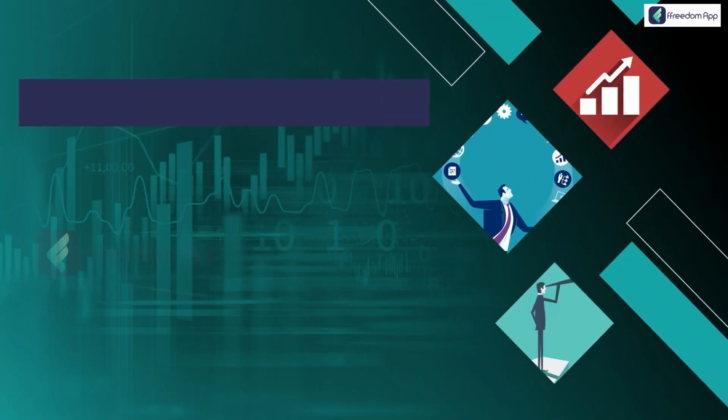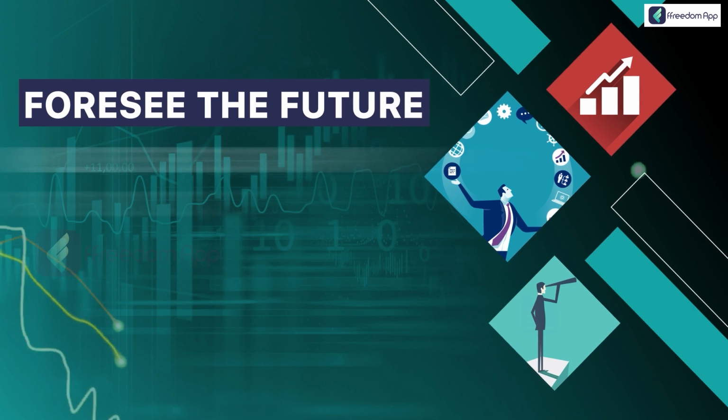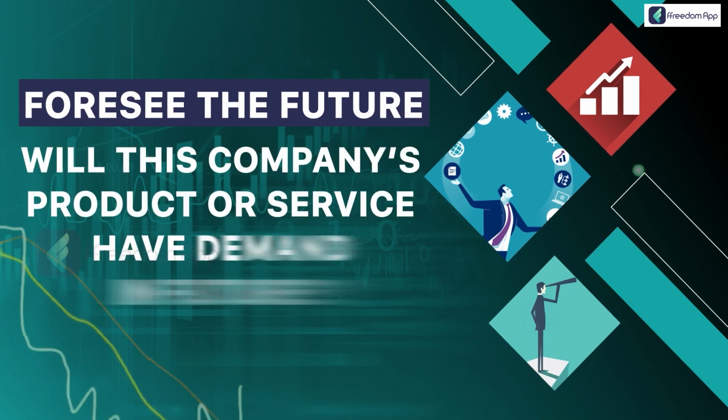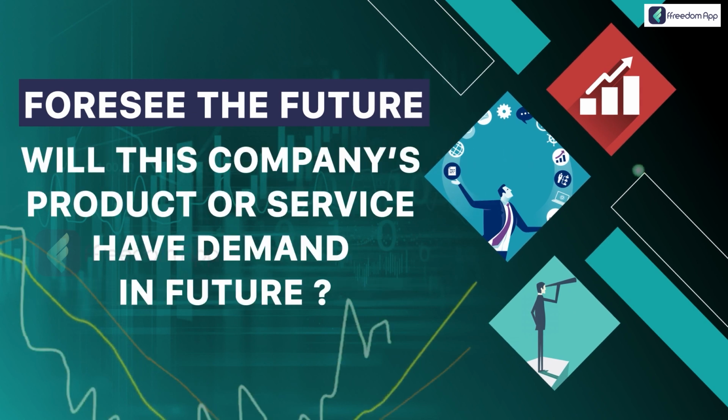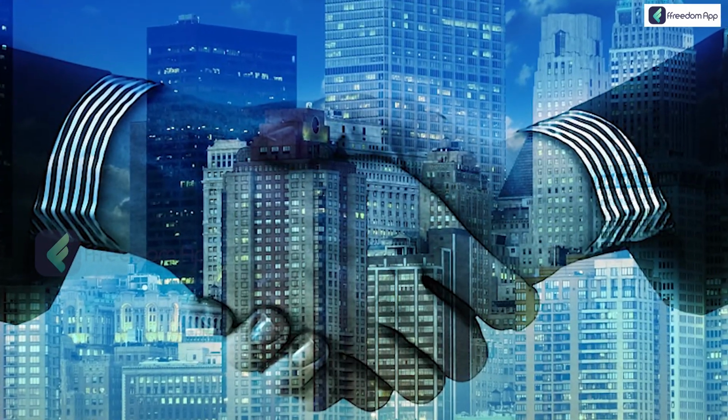So, if you're investing now in stock market, what should you do? You should foresee the future, which means the company which you are selecting, will the service or the product which the company you are selecting is offering have place in the market in future? Will people want to use that product or service? Will there be demand? Will this company make profit?